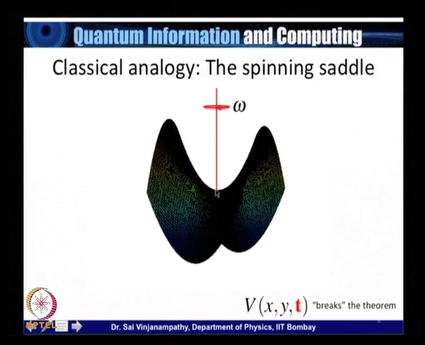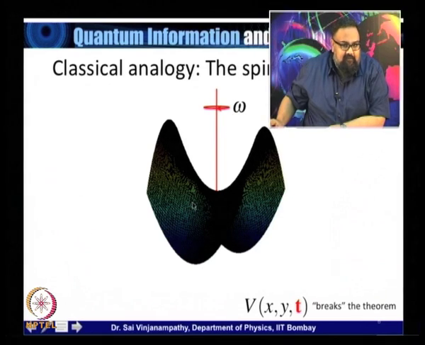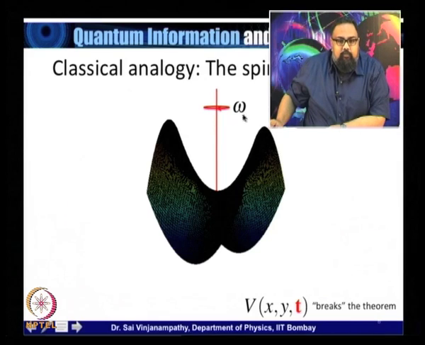If this marble stationed at the center of this potential is now displaced a little bit, if omega is slow enough, then the marble simply rolls away. The saddle is turning the entire time, but the marble's motion is much faster than the saddle. So the spinning of the saddle has no effect on the marble being in an unstable potential. This problem has not been resolved. Now imagine the opposite limit, where the frequency with which the saddle is spun is rather fast.